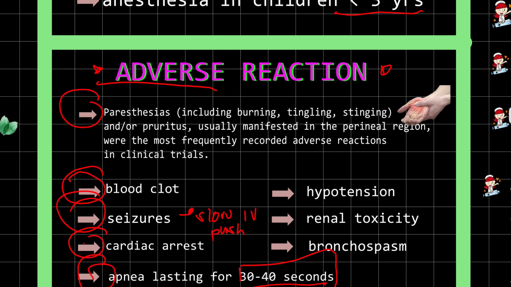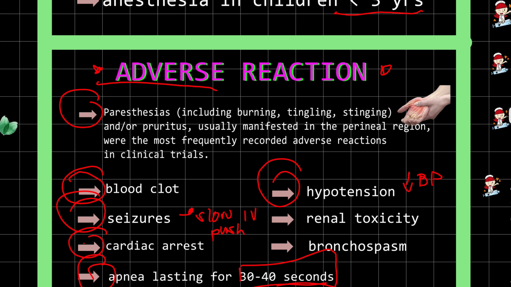Not bad. You might wanna taper the patient down on propofol, wean him off or wean her off propofol. Next is hypotension. Yes, hypotension, because it's a CNS depressant, you can expect a decrease in blood pressure, which will indicate to you that it is an adverse reaction.